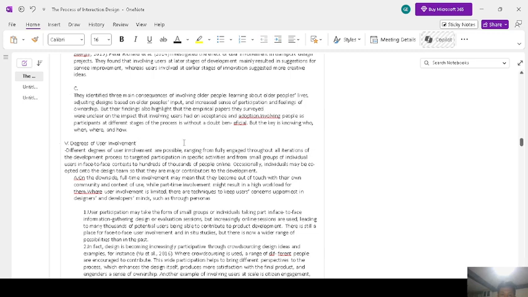But their findings also highlight that the empirical papers they surveyed were unclear on the impact that involving users had on acceptance and adoption. Involving people as participants at different stages of the process is without a doubt beneficial, but the key is knowing who, when, where, and how.